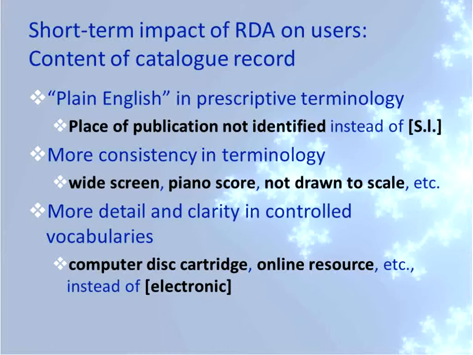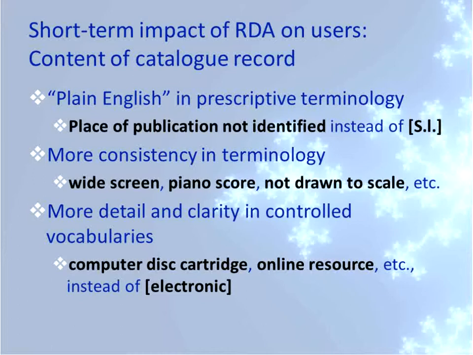For example, in catalog records, the prescribed terminology for what used to be sine loco, place not identified in Latin, abbreviated and put in square brackets, thus introducing a triple level of what does this mean in the eye of the user.